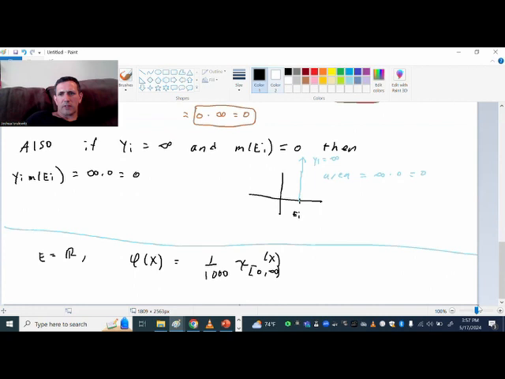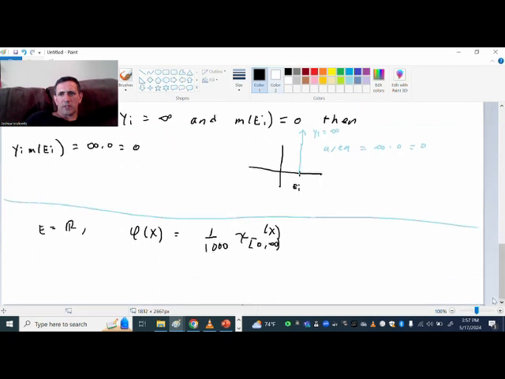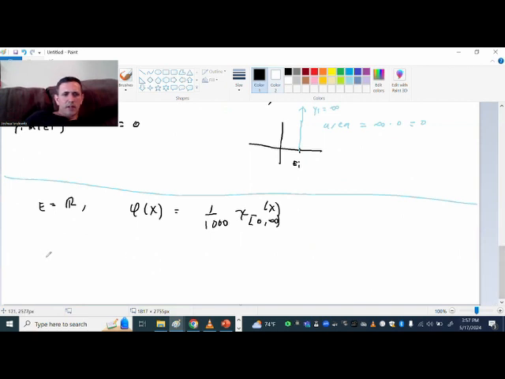So the graph of this is pretty clear. This is nice and small, 1 over 1,000.